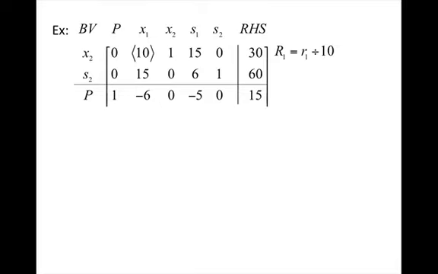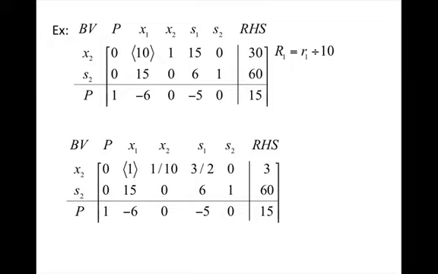If I divide row 1 by 10, I get 0, and then 10 divided by 10 is the one that I wanted. 1 divided by 10 is 1/10. 15 divided by 10, be sure to write this as a reduced fraction, so that's 3/2. Then 0 divided by 10 is 0, and 30 divided by 10 is 3. And then you recopy rows 2 and 3.